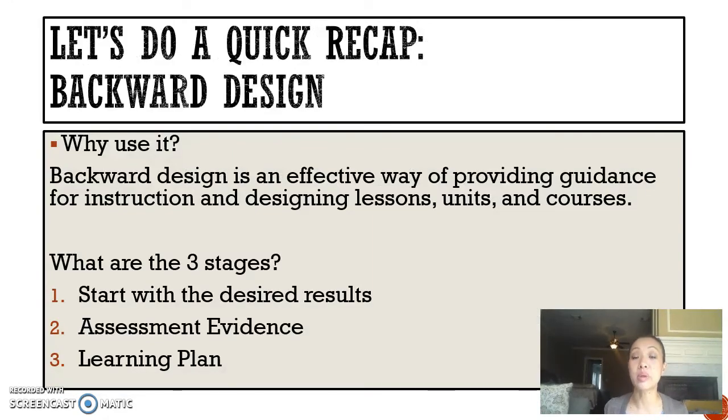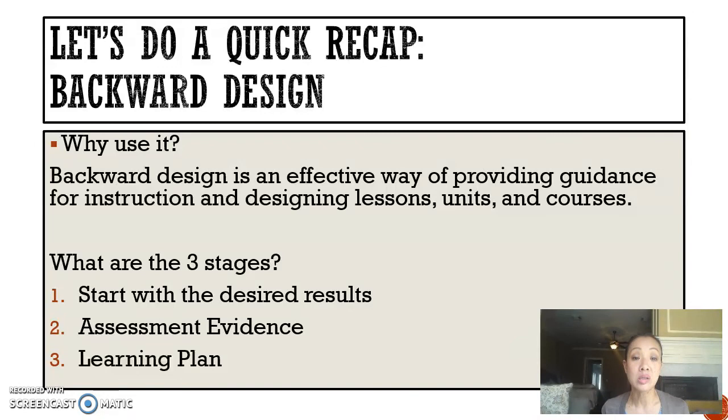As you can see, we already went over the 3 stages of backward design, and we used one of the TEKS as an example to implement backward design. Let's do a quick recap of what backward design is and why we should use it. Backward design is an effective way of providing guidance for instruction and designing lesson units.